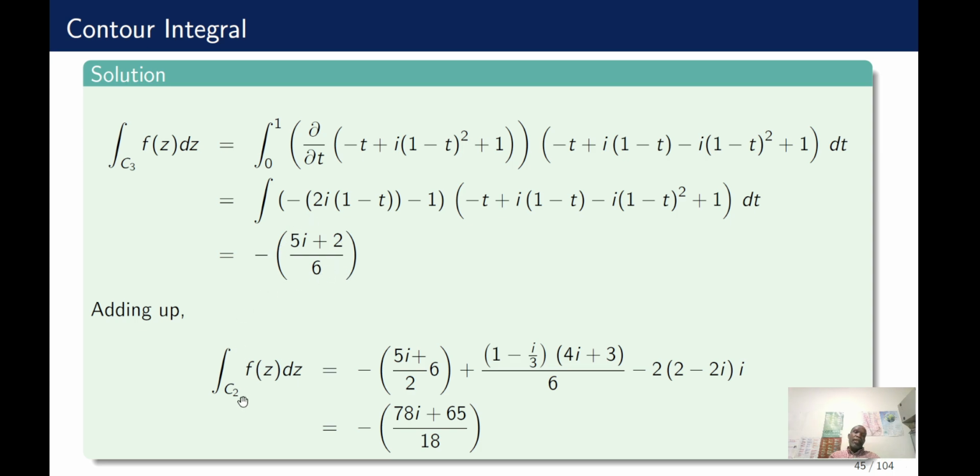Then, to get the actual integral, you sum up this whole thing, and it will give you that. The integral is minus 65 over 18, and then minus 78 over 18 i. That's the imaginary part.